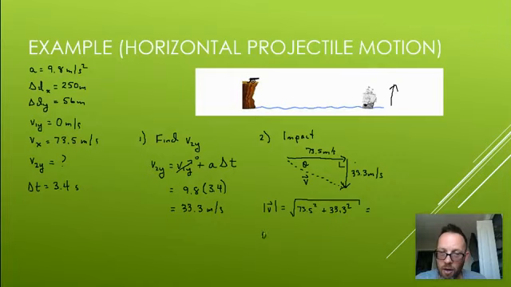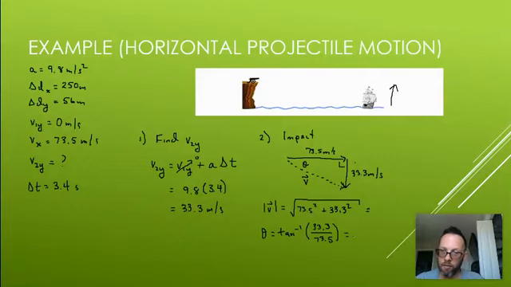And then to get the angle, we understand that it's going to be below the horizontal. The cannonball is traveling downwards. So it'll be the inverse tan of 33.3, the y, over 73.5, the x. And let's just finish this off. And we got it, guys. So 73.5 squared plus 33.3 squared, and square root.